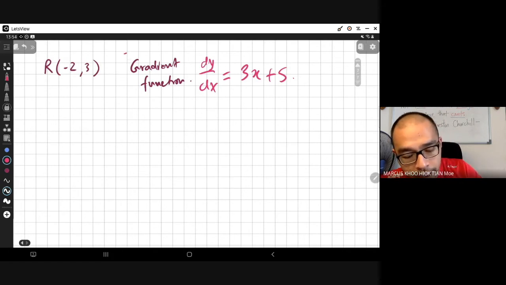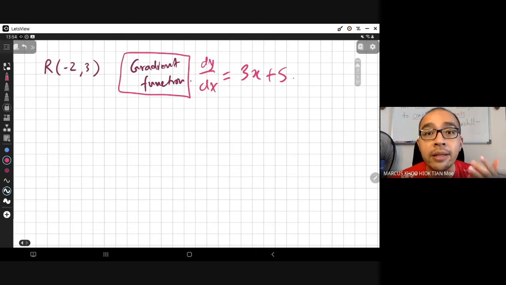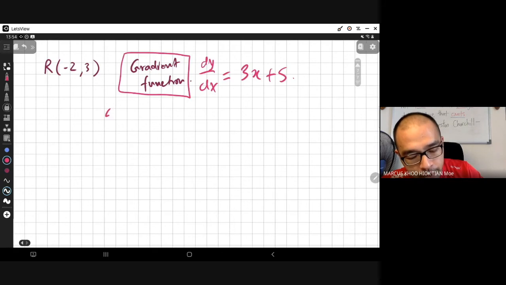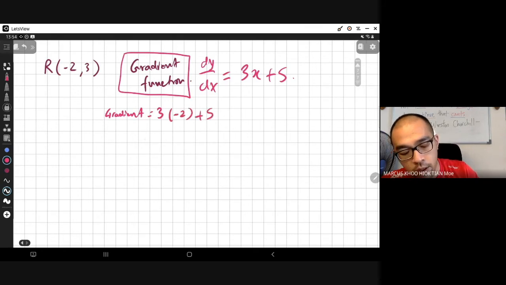So the gradient function is dy/dx equals 3x plus 5. What does the gradient tell you? The gradient tells you the value of the gradient, as long as you know the value of x. So gradient equals 3 times negative 2 plus 5, which will give you 4.